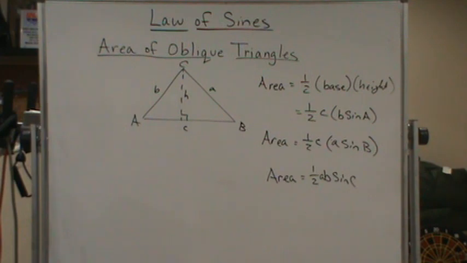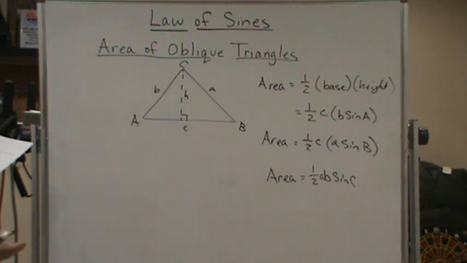So the area of any triangle is 1/2 the product of the lengths of two sides times the sine of their included angle. So that's what it comes down to.